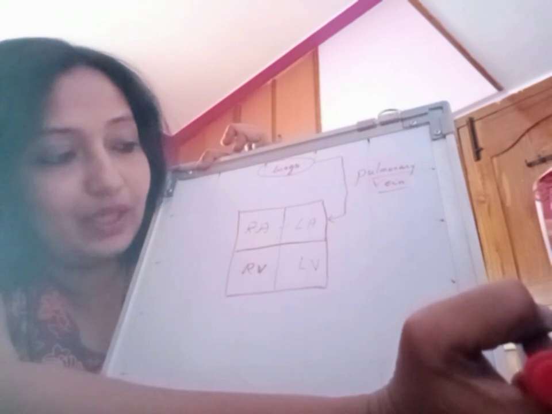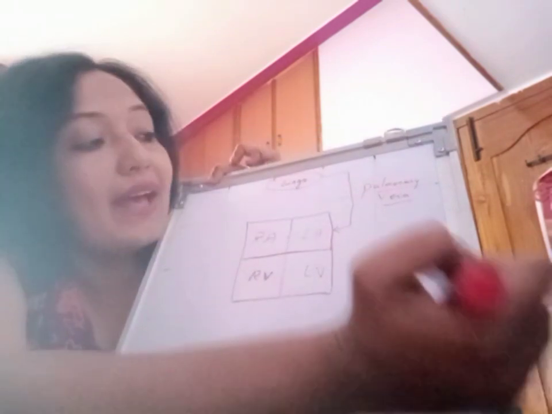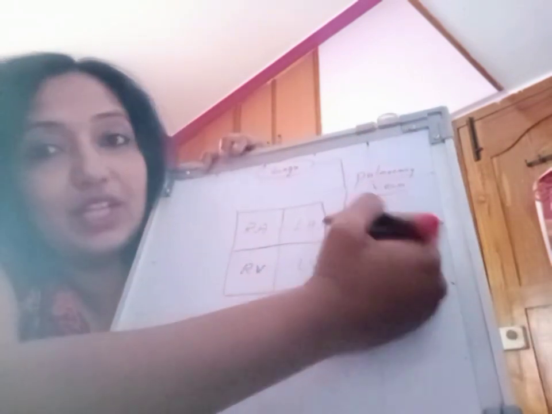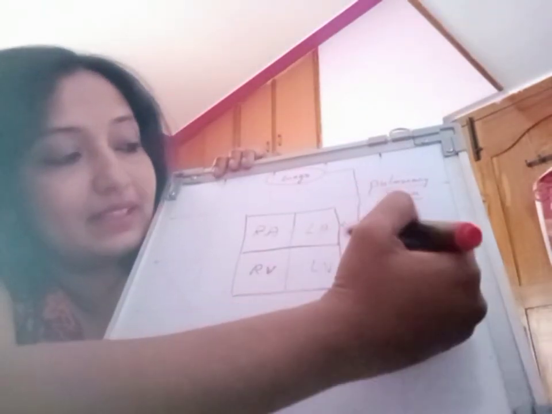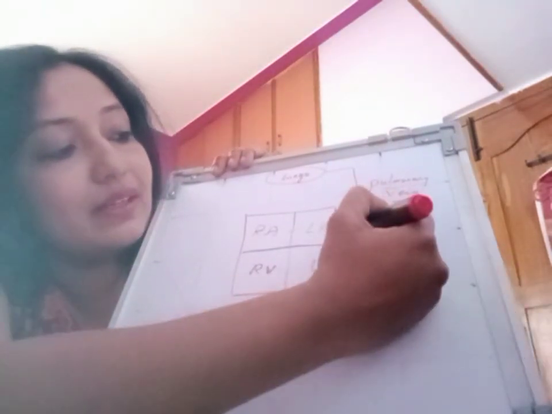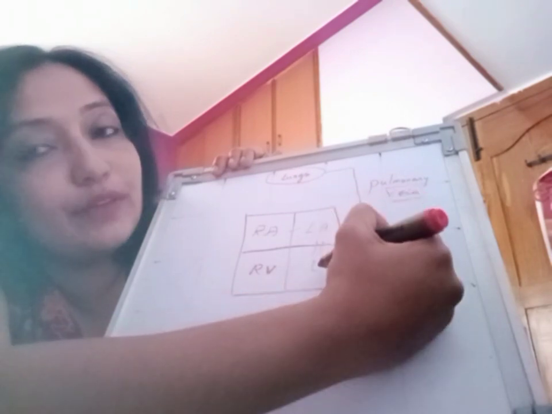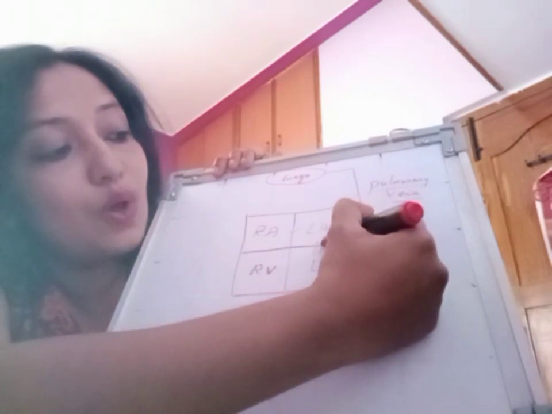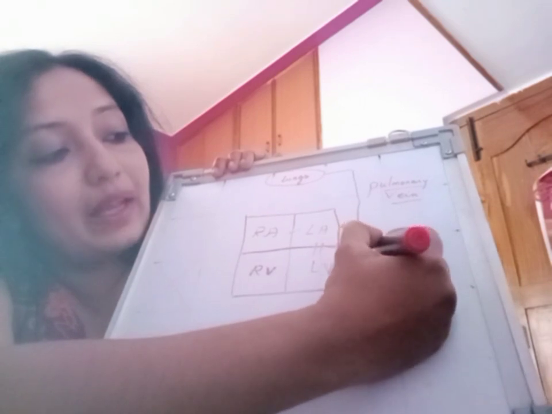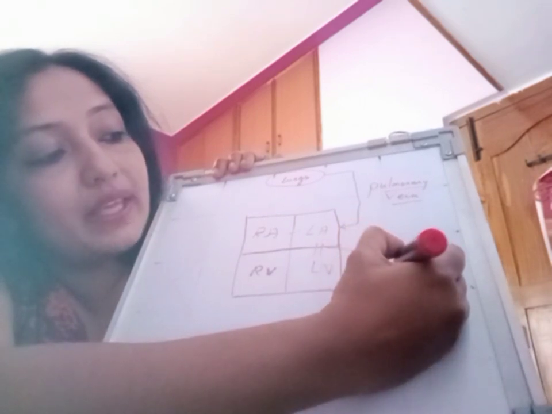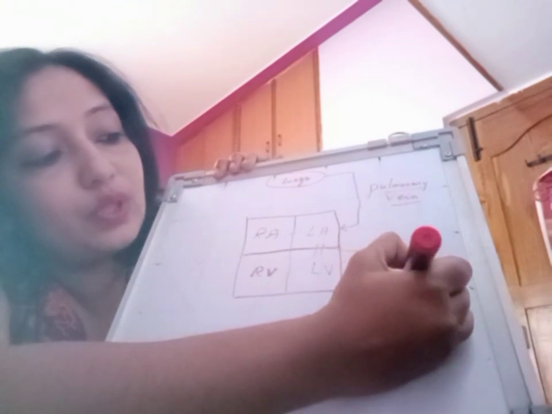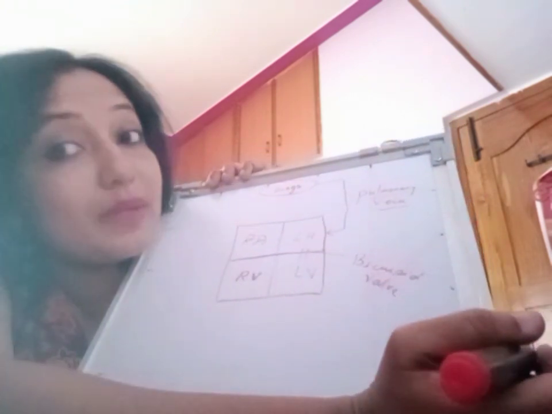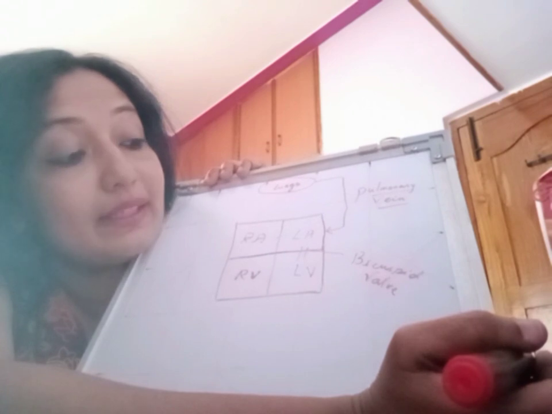Now, as the oxygen-rich blood enters the left atrium, in turn it comes to the left ventricle through the bicuspid valve. Which is the valve present between the left atrium and the left ventricle?